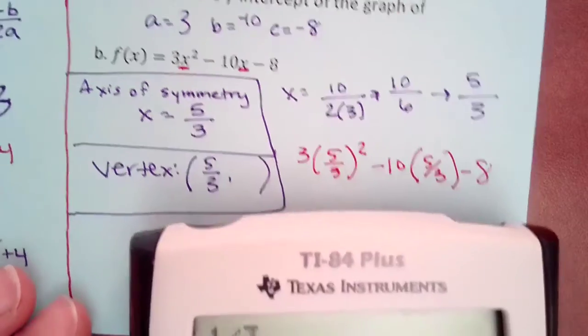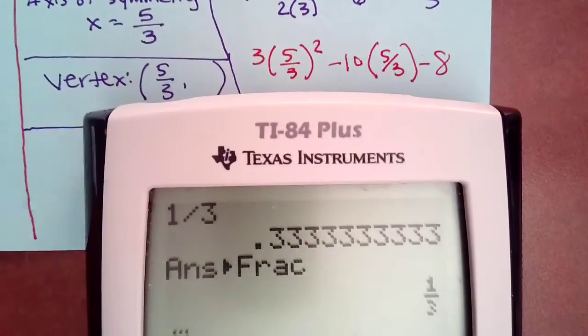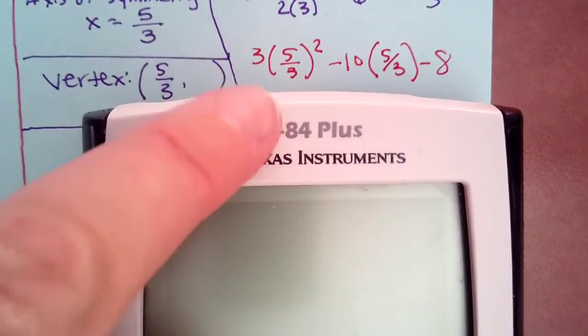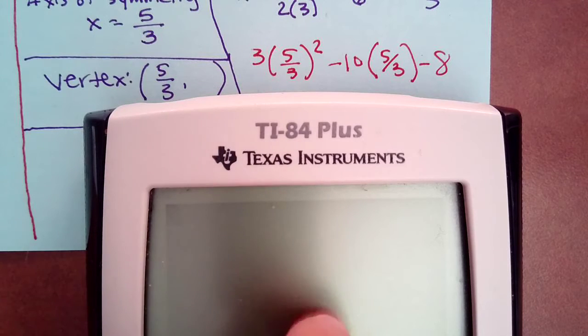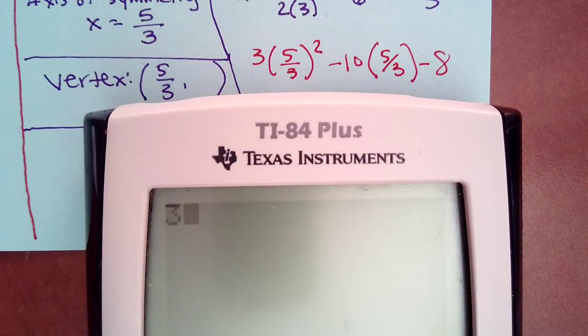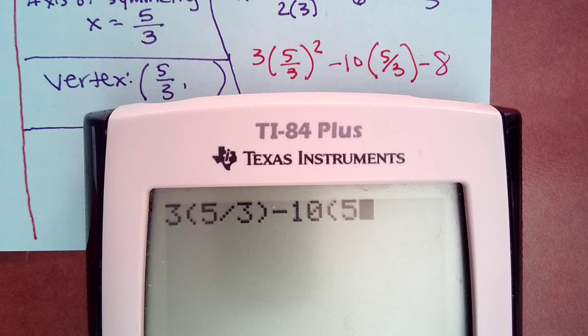I recommend you type that into your calculator. So notice everywhere I have parentheses, I will be putting parentheses in my calculator. So 3, parentheses, 5 divided by 3. Minus 10, parentheses, 5 divided by 3. Close parentheses. Your parentheses are above the 8 and 9. Minus 8.